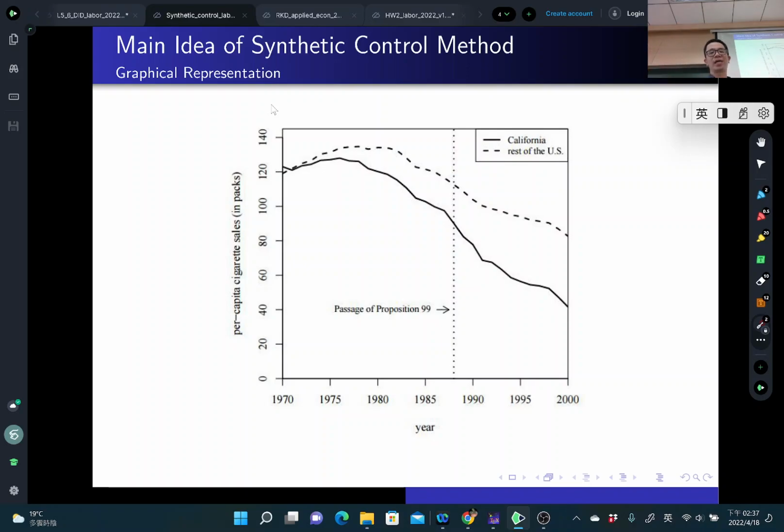They impose some tax rate for the cigarette and also do a lot of campaigns to try to persuade people not to smoke, something like this. And it happened in 1989, and only in California. And the outcome they want to look at is the cigarette consumption.